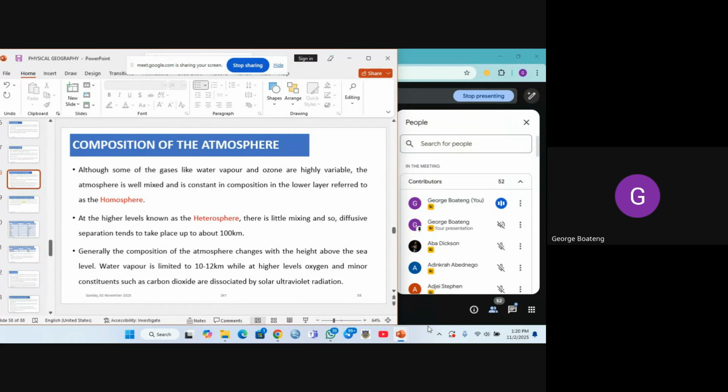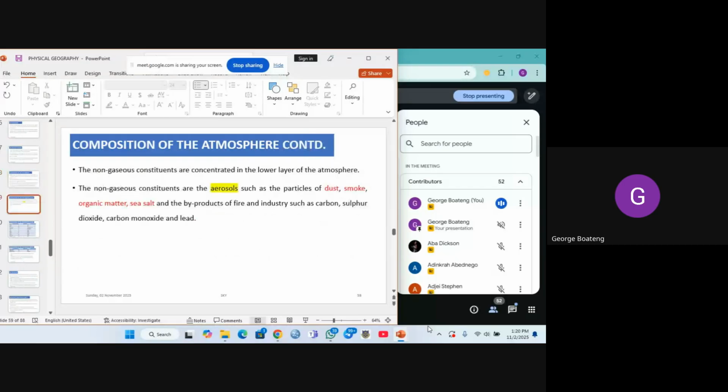For example, when we were talking about the mesosphere, we said pressure can go as low as even 1% compared to the one at sea level. That is that. Now, taking that away, we talked about some constituents in the atmosphere called non-gaseous constituents.